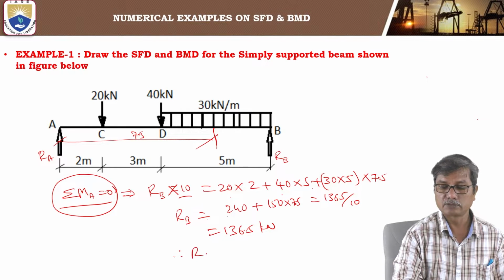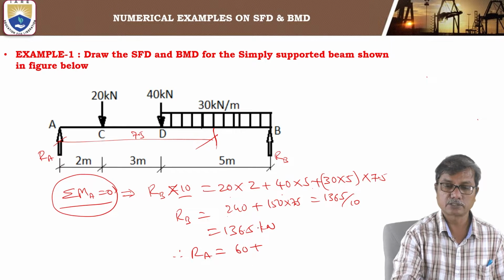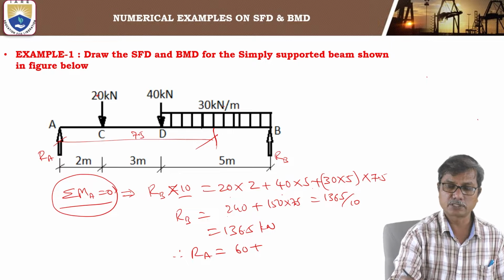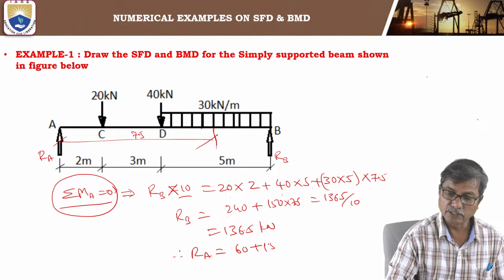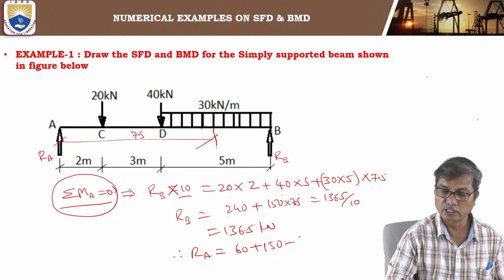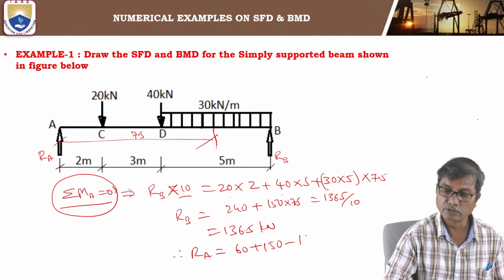With this, we find RA as 20 plus 40 plus 30 into 5, 150, that is 210, minus RB, 136.5.